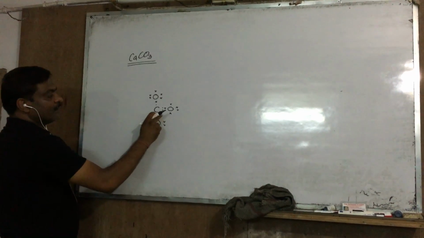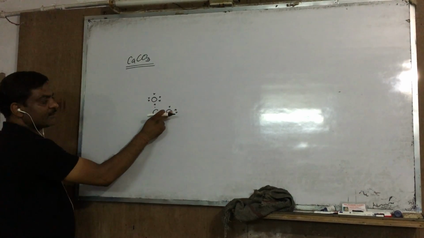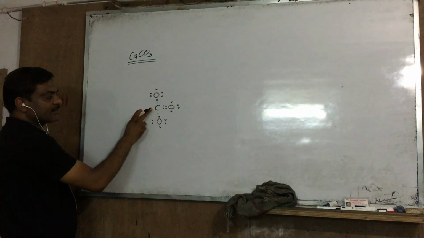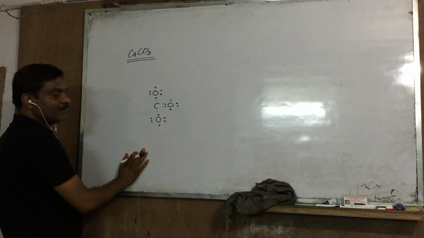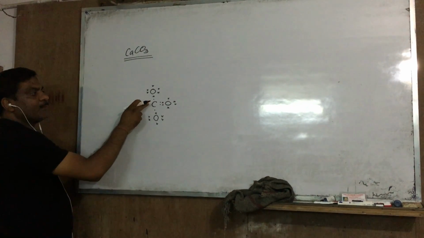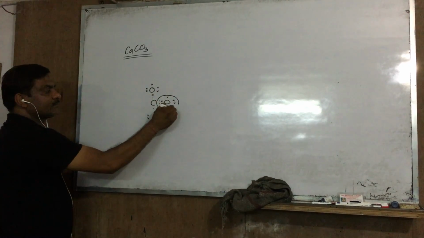There is the mutual sharing of 2 pairs of electrons between these 2 atoms. Mutual sharing of 1 pair of electrons between this carbon atom and this oxygen atom, and mutual sharing of 1 pair of electrons between this carbon atom and this oxygen atom. And it is like this.